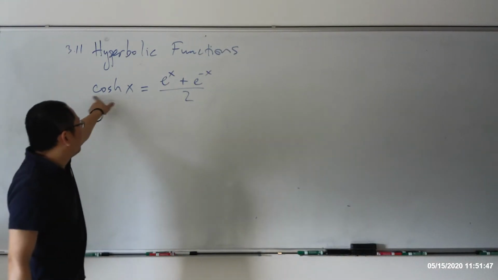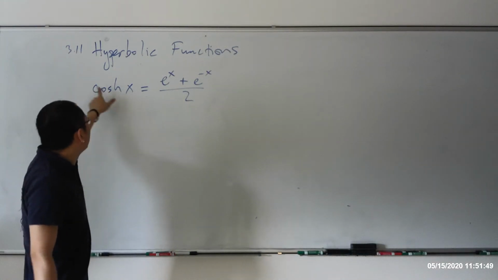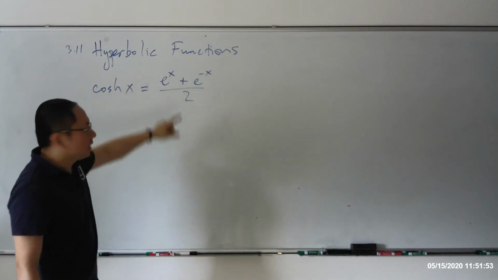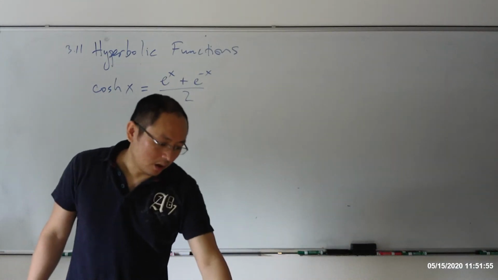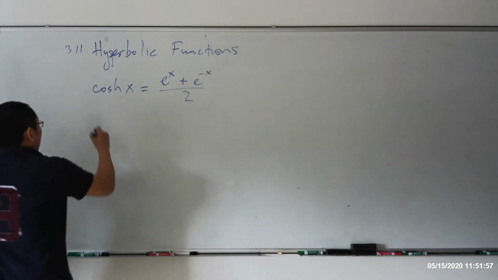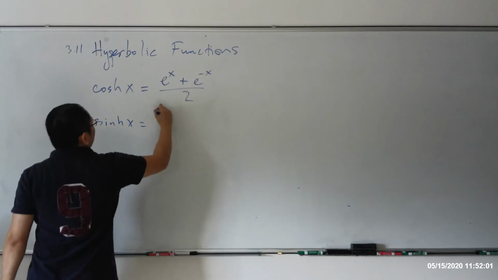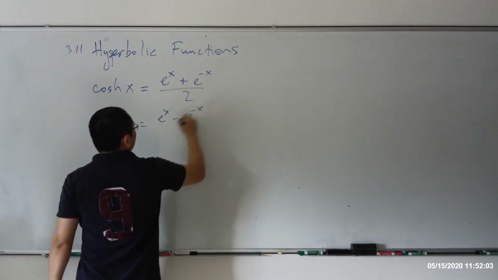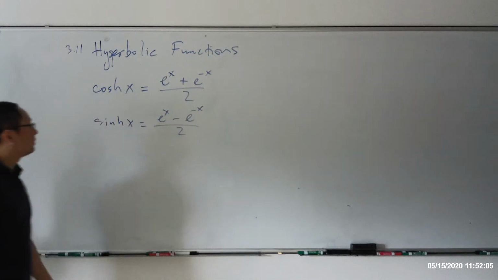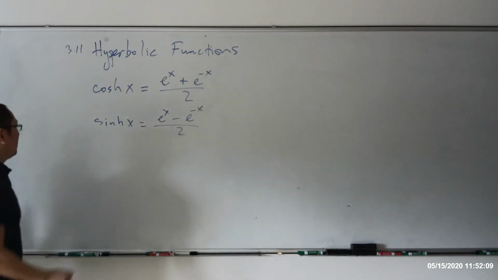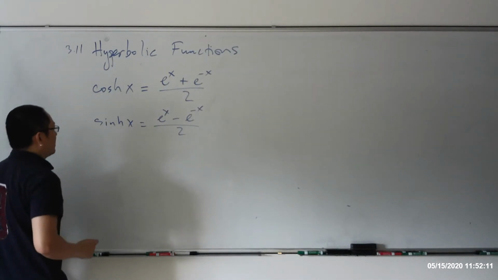It's cosh, cosine with an h right there means hyperbolic cosine. And we define another function, hyperbolic sine of x equal to e to the x minus e to the negative x over 2. Okay, you know e, right? It's an exponential function.